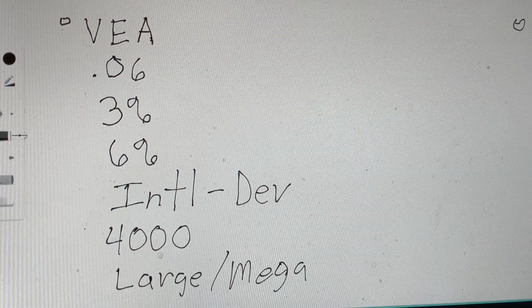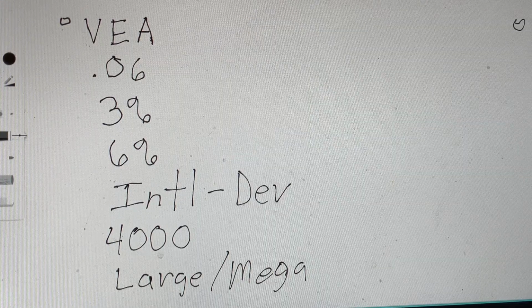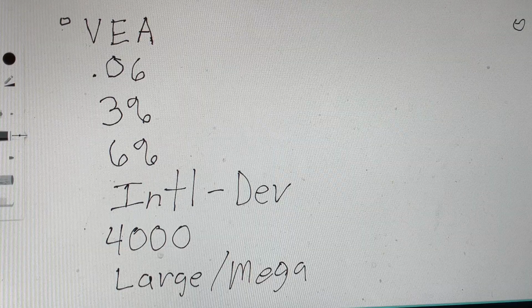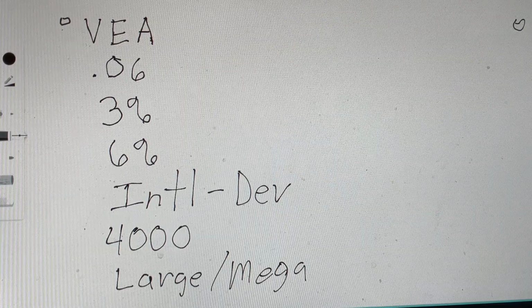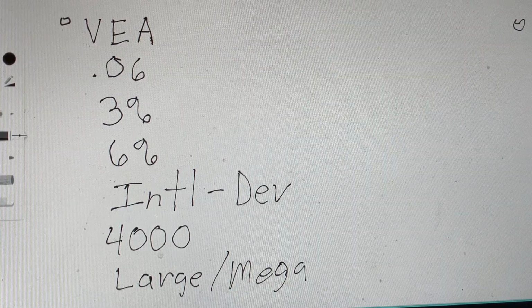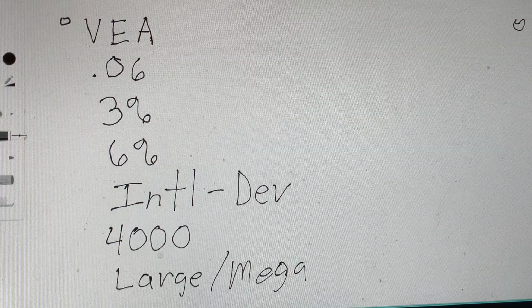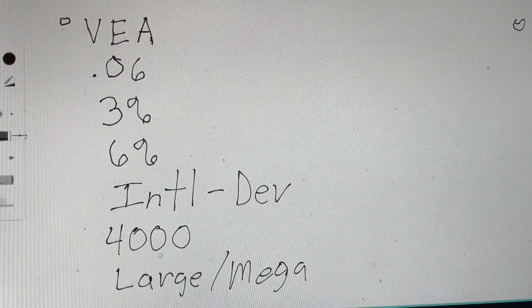So it's kind of in the middle. It's not a super growth fund, and it's not really a value fund either. And again, large cap is above 10 billion, I believe, and mega cap is companies above 200 billion.